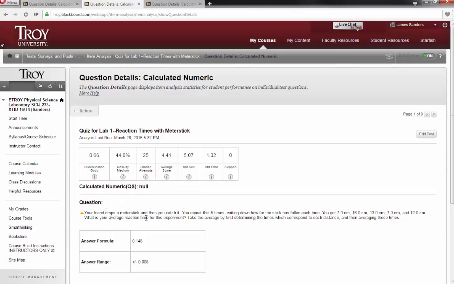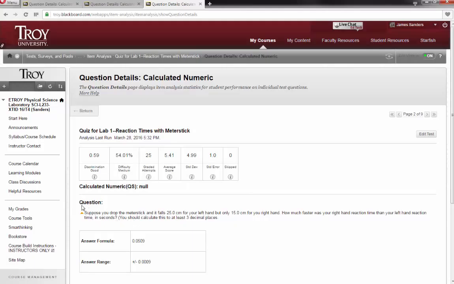So let's take this first question. It says that your friend drops a meter stick and you catch it and repeat 5 times, and you have different fall distances that the stick has fallen. It wants to know what your average reaction time is for this experiment.